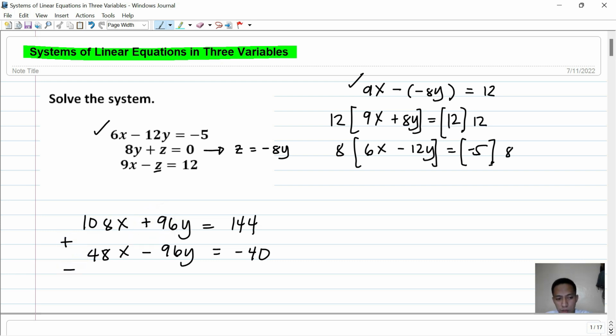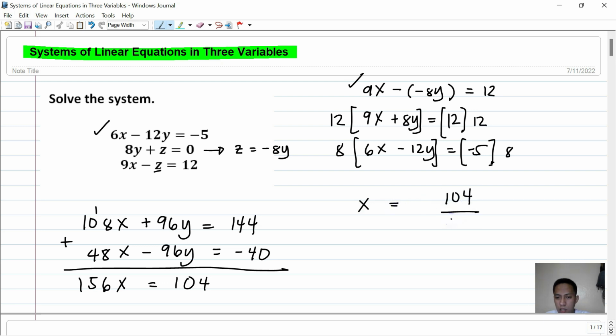So we add: 108x plus 48x. 8 plus 8 is 16, and 1 plus 4 is 5, so that is 156x. Then 96y plus negative 96y is 0, so we eliminated y. 144 plus negative 40 is 104. So 156x equals 104.